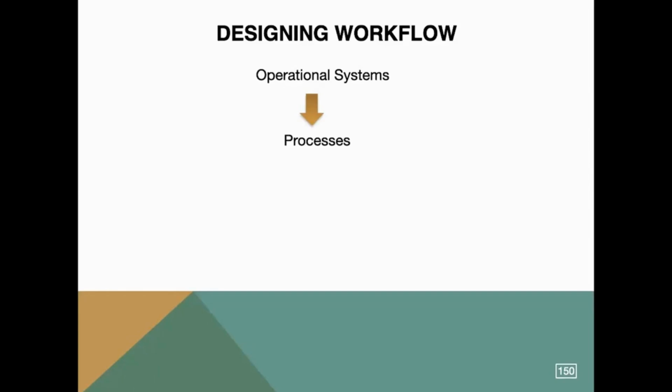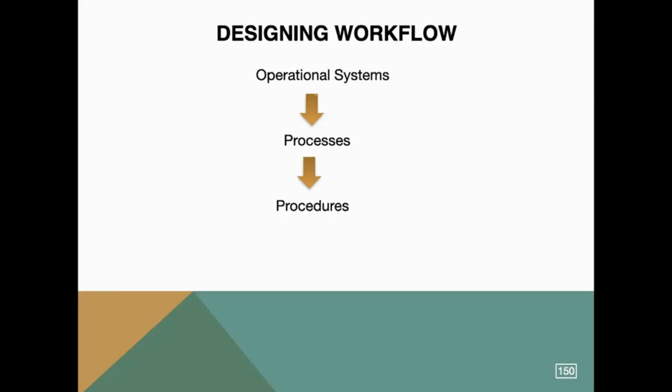Those would be processes that we would find inside the operational system of accounting. The next step is once we've identified the processes, we then identify what are the procedures that take place for a particular process. So if the operational system is accounting, the process might be accounts payable, and the procedure might be actually paying our vendors. How do we go about paying our vendors? That would be a procedure.